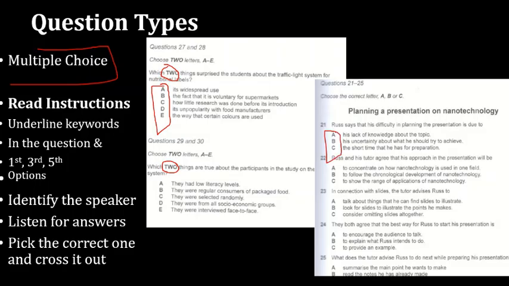Just opt for one answer from the options that have been given. With these kinds of questions, you have to listen carefully to who is speaking. Is it a tutor or a student, or is it student A or student B giving forth their information? And you have to identify them by name.